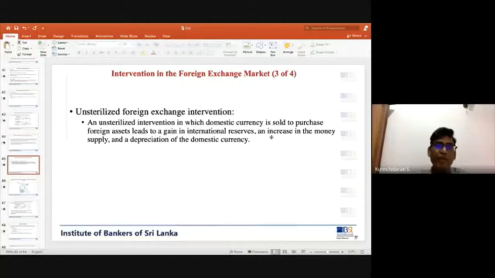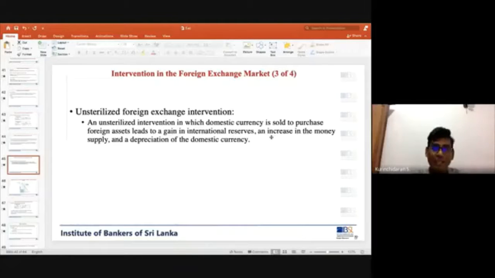It means a domestic currency is sold to purchase foreign assets, which leads to a gain in international reserves and an increase in the money supply. What will happen? Depreciation of the domestic currency.